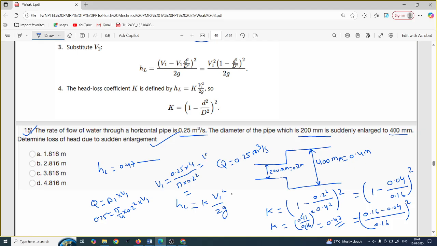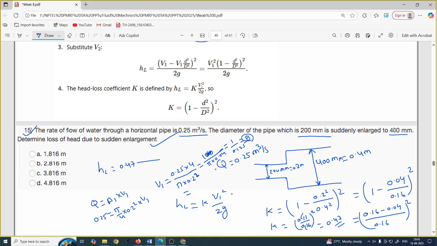So this is your 100, so this will be the 1, and here is pi into 0.04. So 1 divided by 0.125. This is 8.